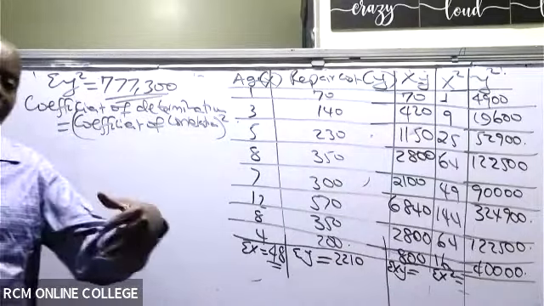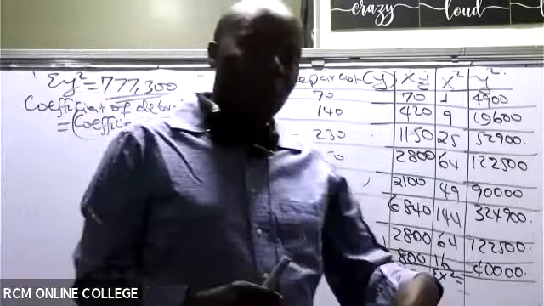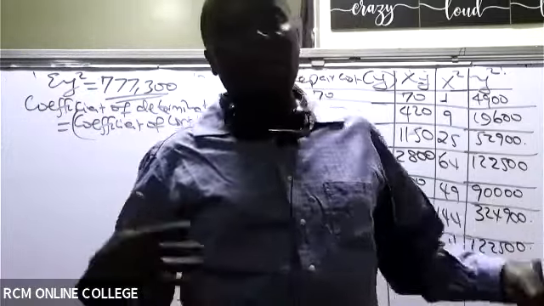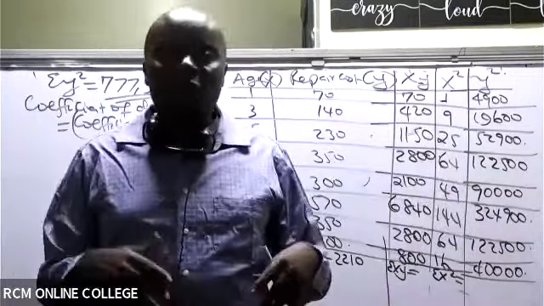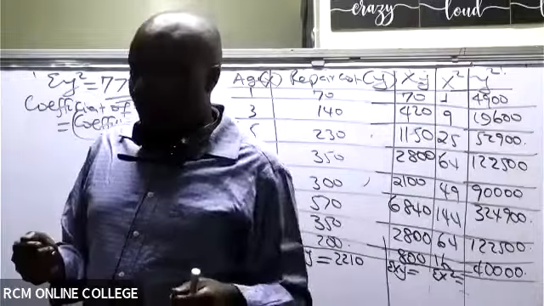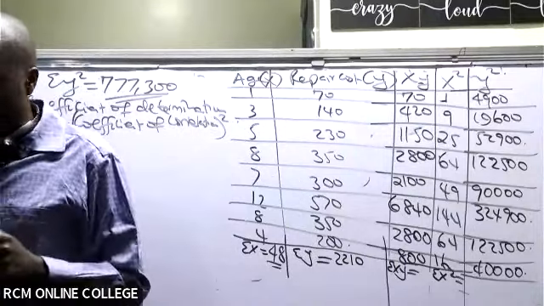So anytime they ask you to give them the coefficient of determination, always remember that this is a child of the correlation coefficient. You simply square the coefficient of correlation to get the coefficient of determination, like that.